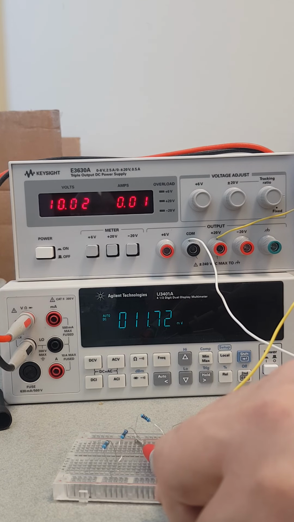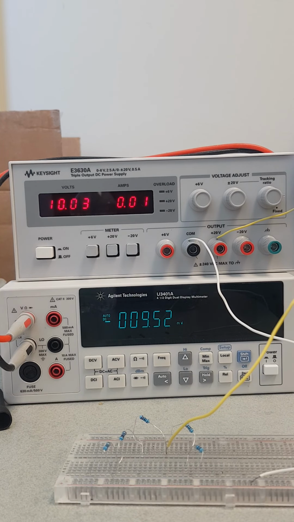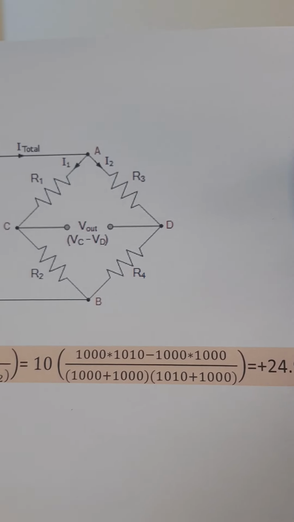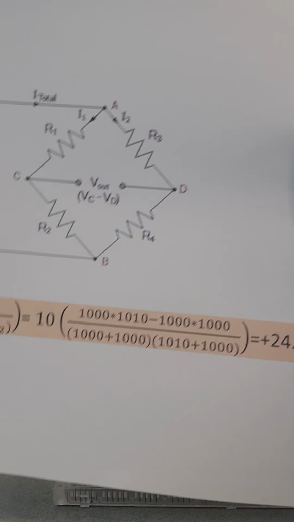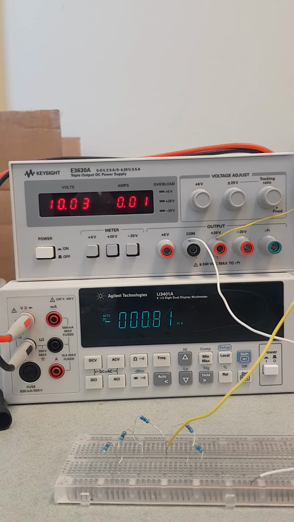We are getting 11.7 millivolt only, while we are supposed to get around 25 millivolt. So we have a huge error, more than 50%, because of the minus 14.56 we had when the system was completely balanced.